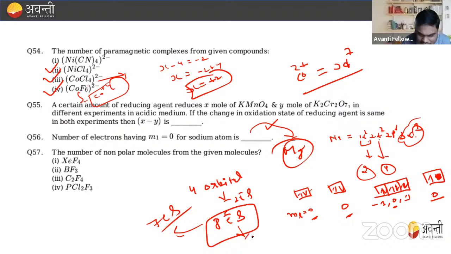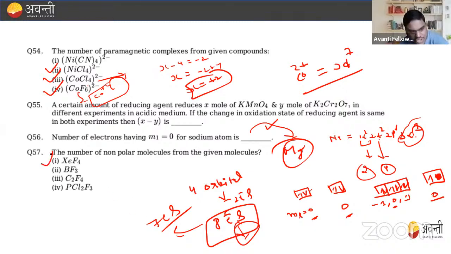How? Because 1s, 2s, and 3s are 3 s orbitals and 1 p orbital, so 4 orbitals and each has two electrons, so 8 is the correct answer.